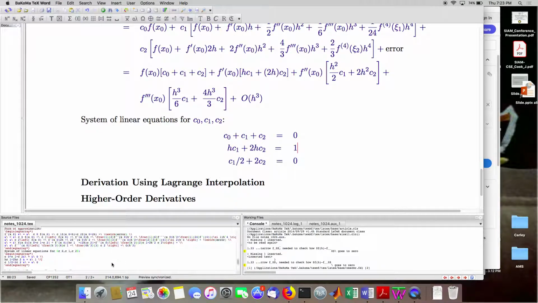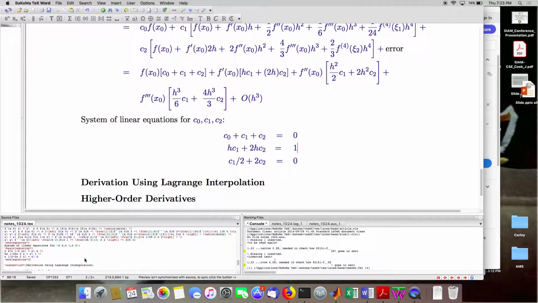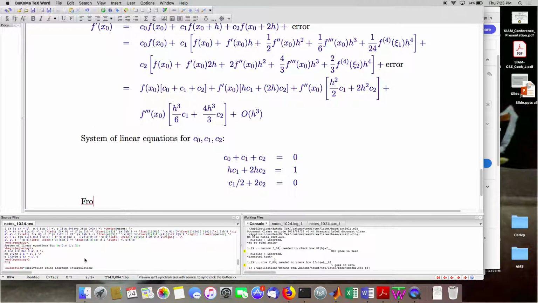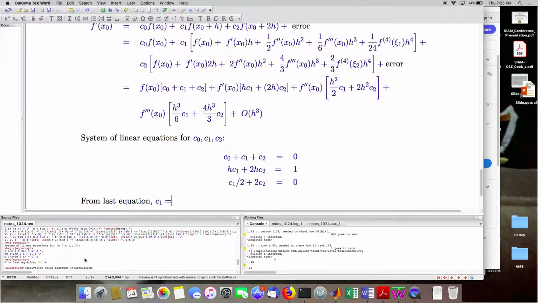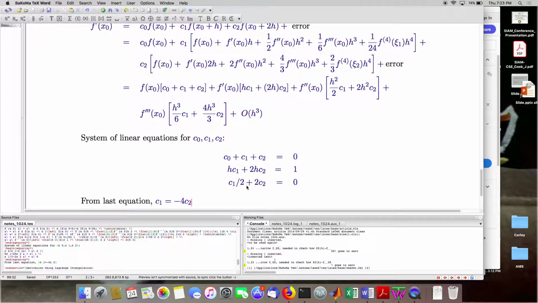As far as solving this system is concerned, from the last equation, we have c1 is equal to minus 4 c2, just from rearranging this.